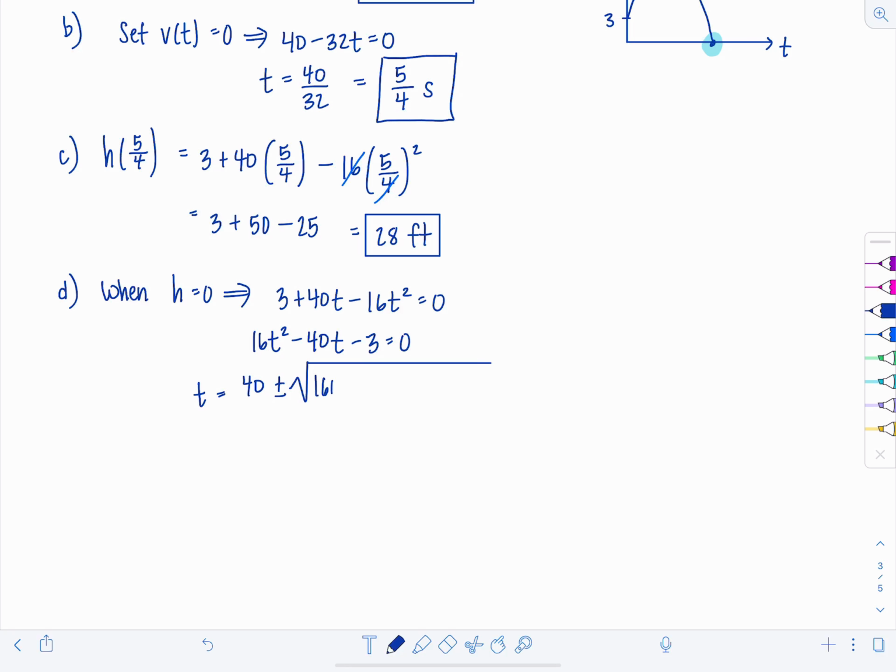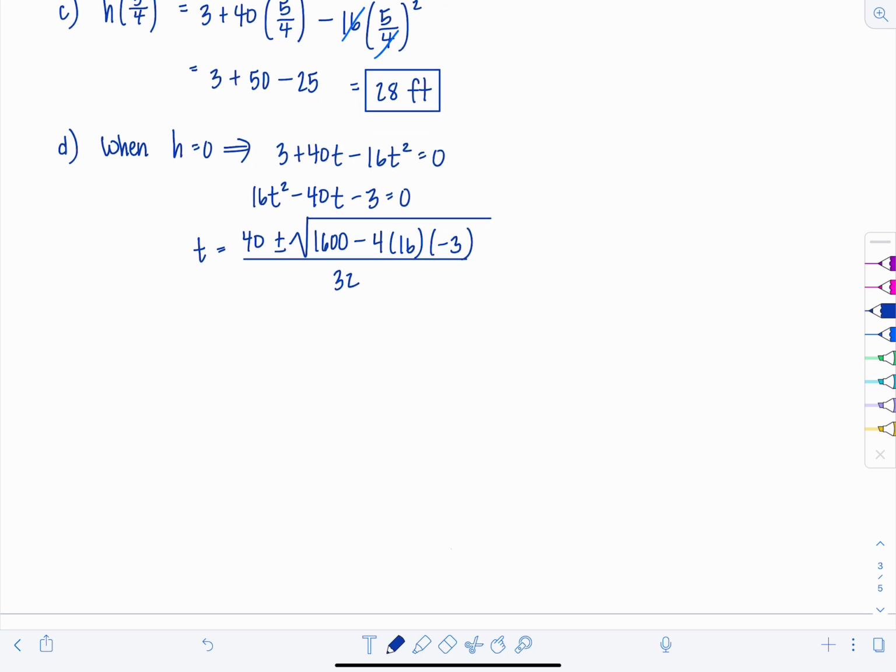So that's going to be 1600 minus 4 times 16 times negative 3 all over 32. Okay, so this is going to be 40 plus or minus the square root of 1600 plus 4 times 16, that's 64 times 3, 192 over 32.